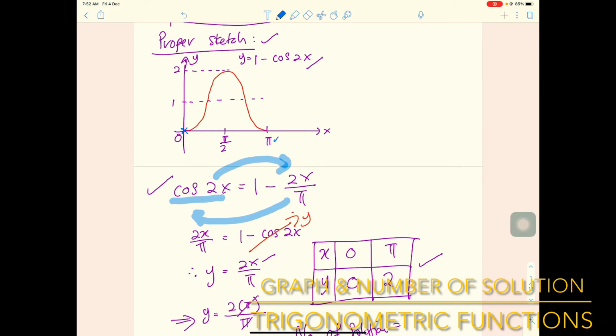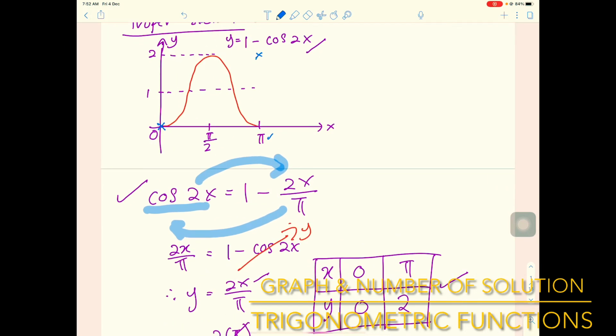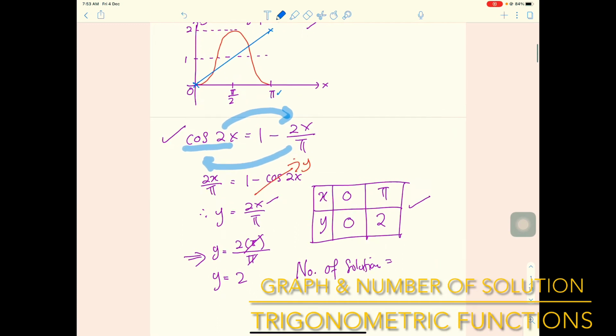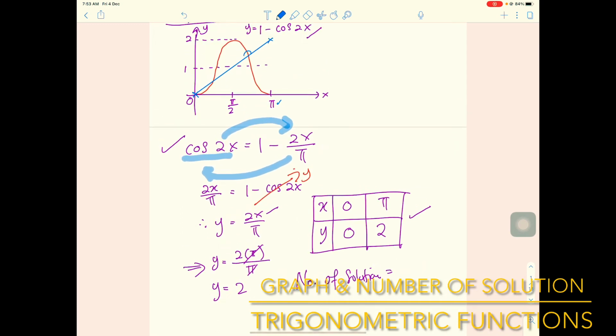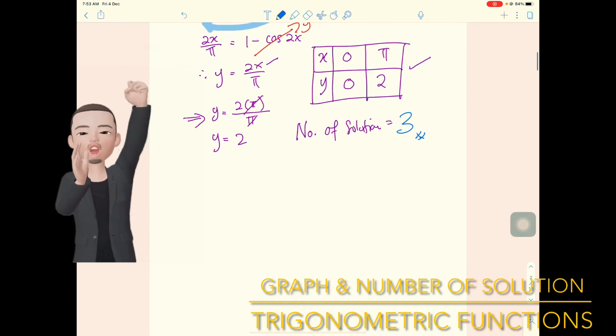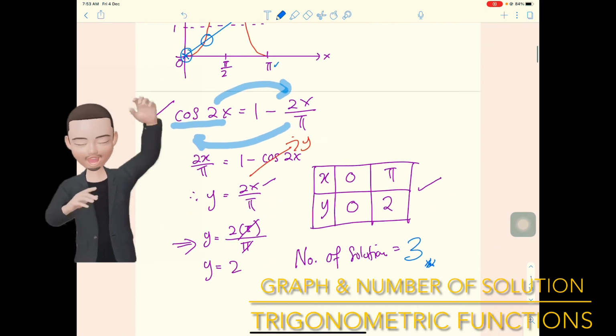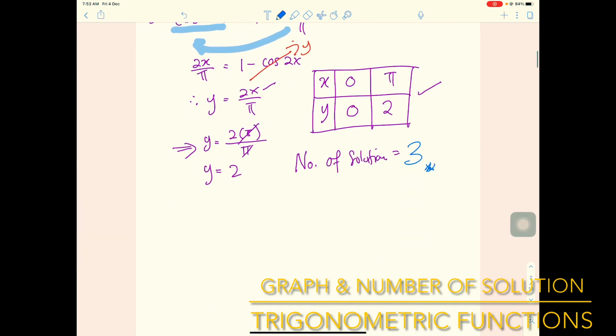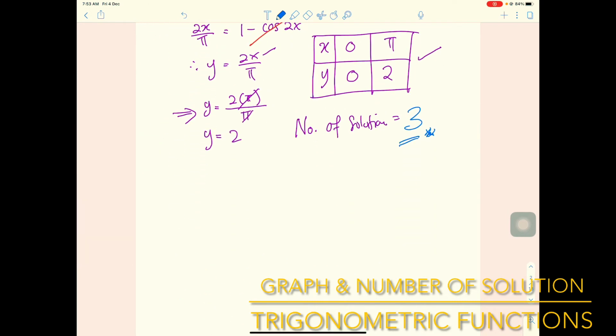Let's say here is 2, and then draw the straight line between 0 and 2 for the value of y. So the number of solutions is 1, 2 and 3. So there are 3 solutions. This is how we find the number of solutions.